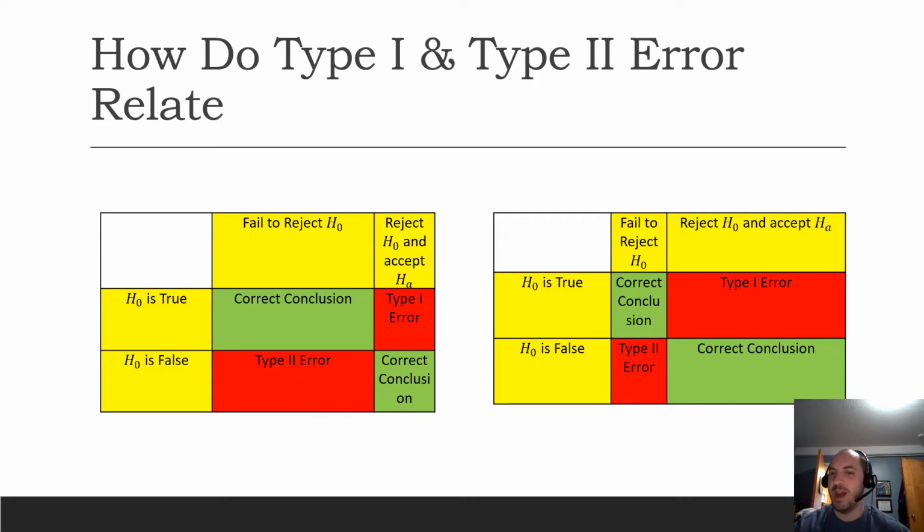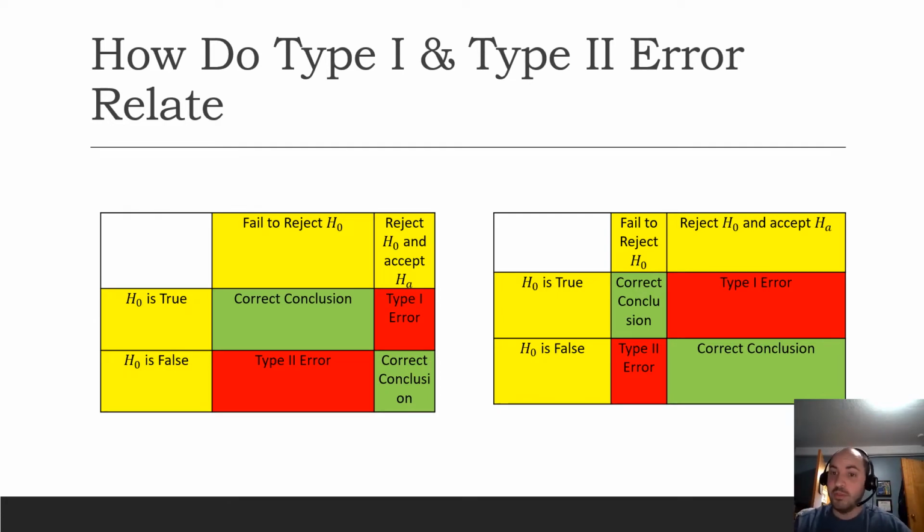So you're going to minimize the likelihood of that type 1 error. But in that scenario, you're going to make it more likely that you're going to cause a type 2 error because of that. Similarly, if you picked a really big significance level, it's going to be pretty easy to reject your null hypothesis and accept the alternative. That's going to make it really easy to have a type 1 error and less likely to have a type 2 error.